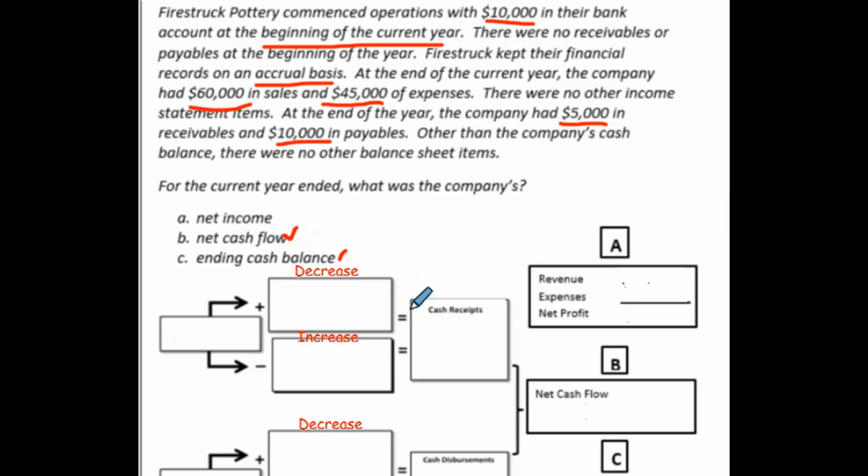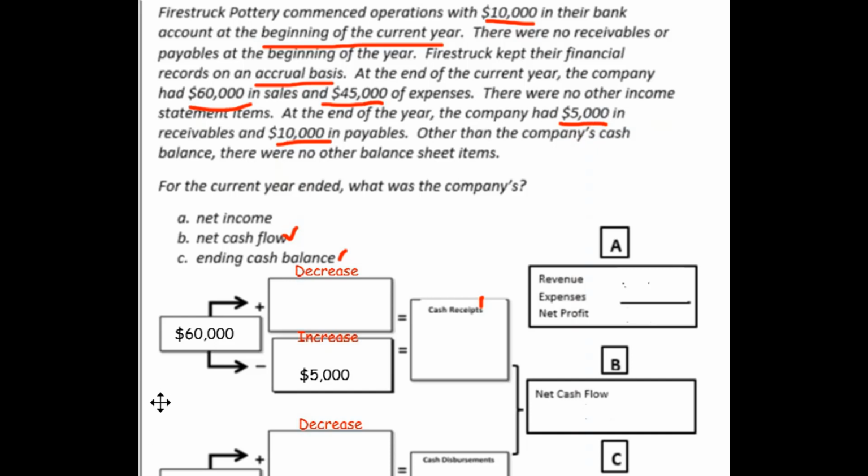Again, we're looking for our cash receipts. Remember that we start off with our sales. We had $60,000 in sales. And in this case, we started off with 0 and at the end of the year we had $5,000, so that means we had an increase of $5,000.